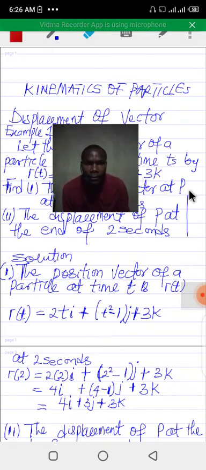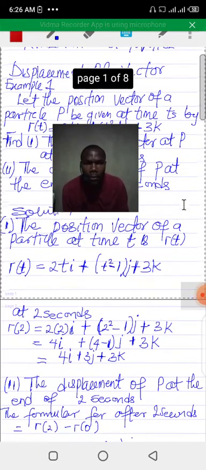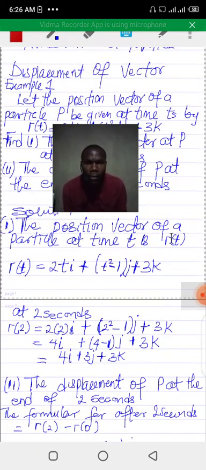Now, the position vector of a particle at time t is r(t), meaning that to get the value of r(t), you just put the value of t into it.